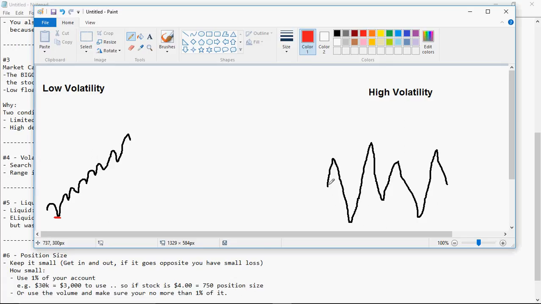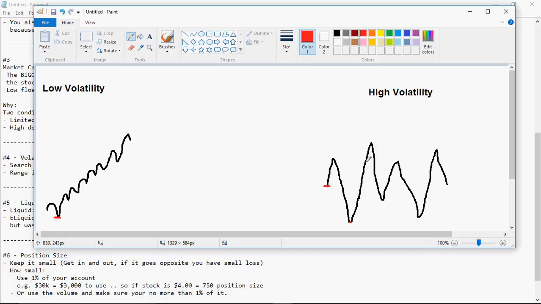But if you enter stocks with high volatility, look at this. I enter here. It goes up, but then the range when it dips, the dip is not small. It's a long dip. Then I enter here. Somebody says, well, it's a big dip.